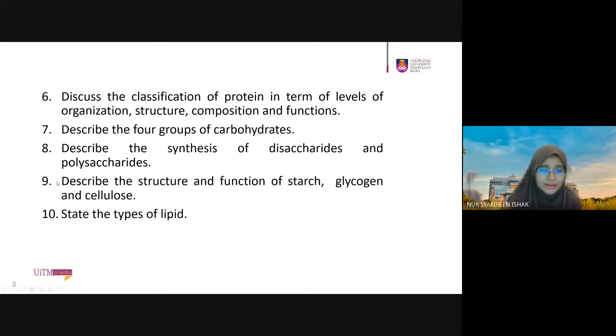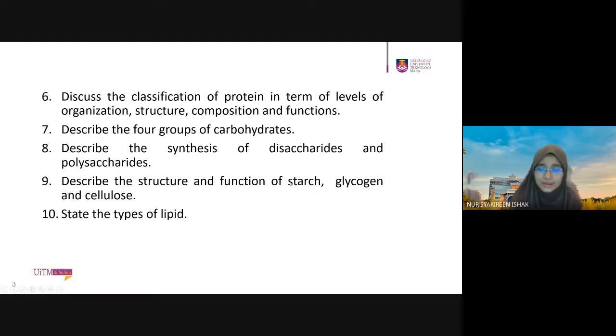And then number 9, describe the structure and function of starch, glycogen, and cellulose. So this one is complex carbohydrates. Starch is the storage carbohydrate found in plants. For example, you can find starch in potatoes, in rice.